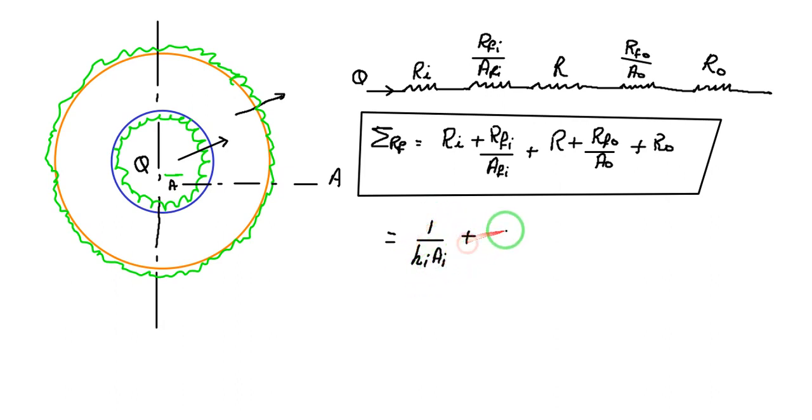Plus R, where R is nothing but the conduction happening here: ln of ro divided by ri, divided by 2 pi kL.